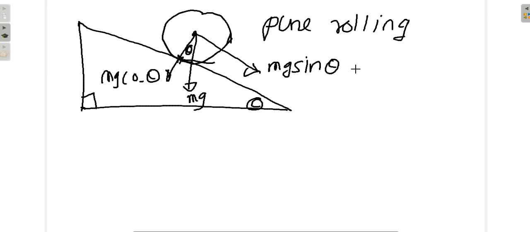Now the question arises as to the direction of force of friction. Please note that mg sin theta will continuously increase the velocity as it rolls down. As it rolls down, the velocity of the center of mass will go on increasing in order that v equal to r omega holds. If v goes on increasing, omega also must go on increasing to match it.